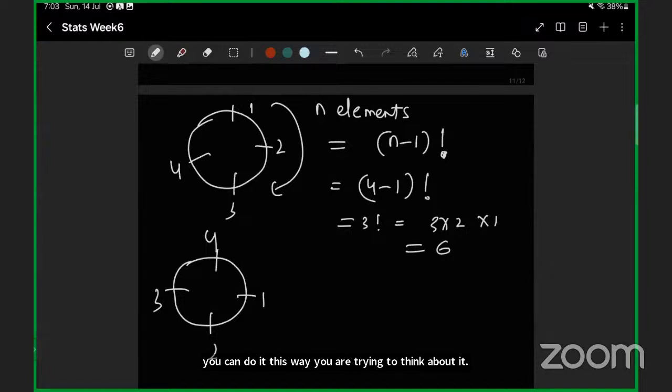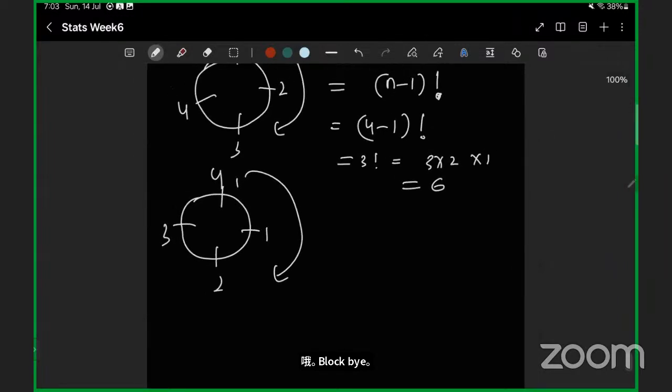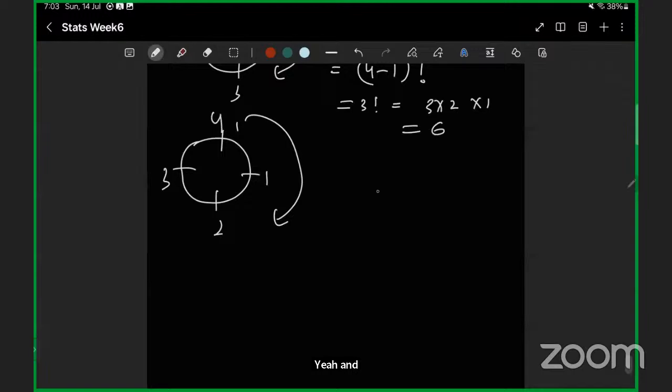Another thing that could happen in circular arrangement is that here we had different objects, but it's possible that you have the same objects, let's say red or blue or something. Let's say red is here, blue here, and yellow here.